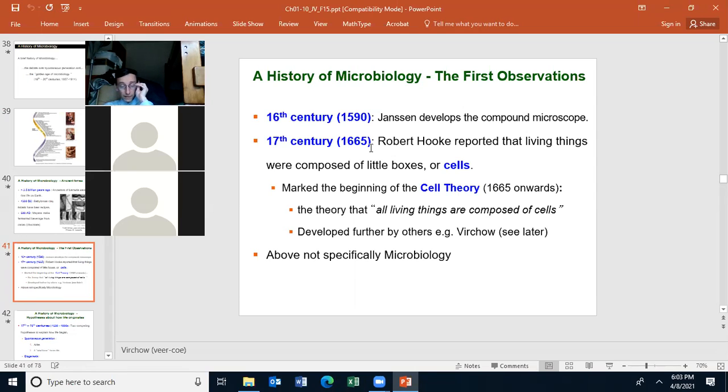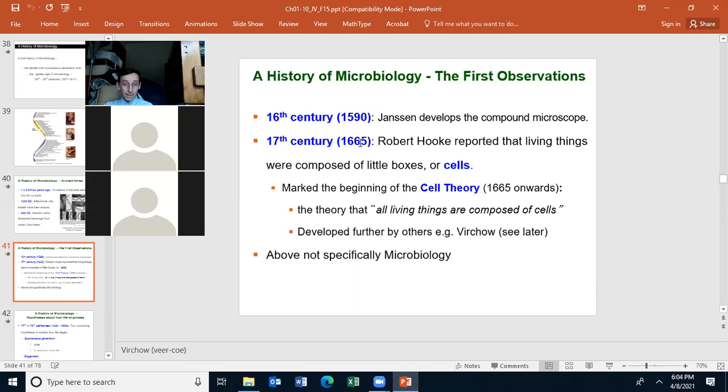And that's the cell theory, that all living things are made of cells. And that was written by Virchow, I think over 100 years after we saw the first cells.